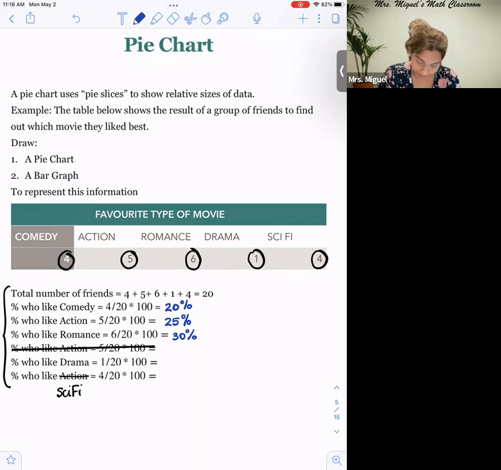Drama, 5%. And sci-fi, 20%. Can you tally these numbers to make sure that we have 100? Can someone just tally the numbers quickly? Yes, ma'am.